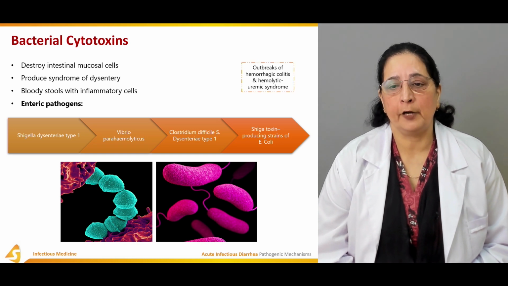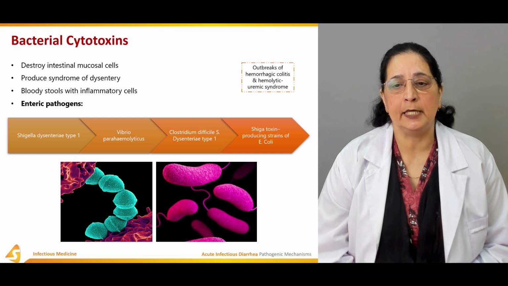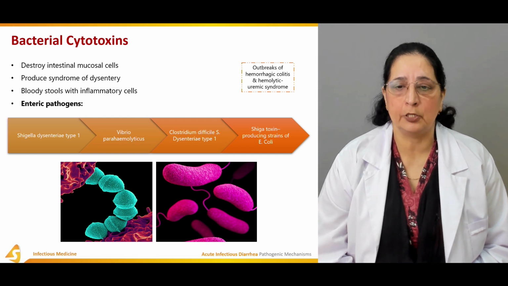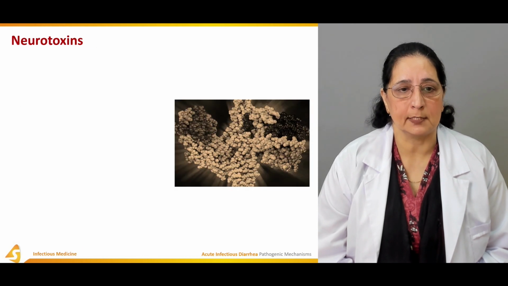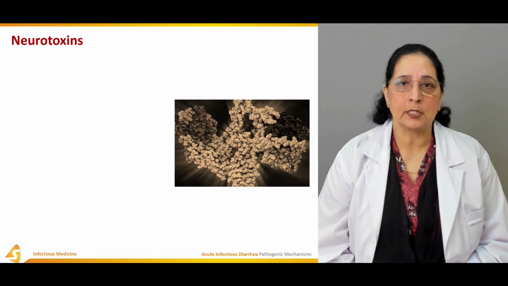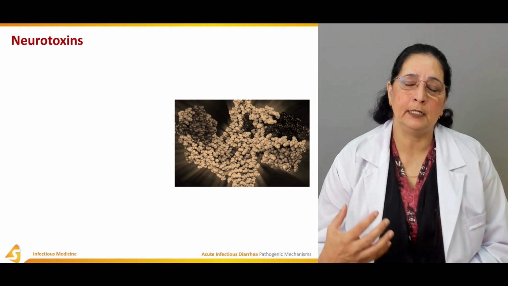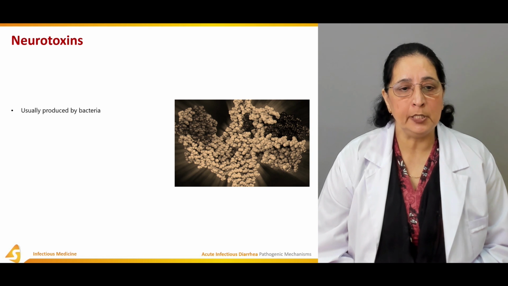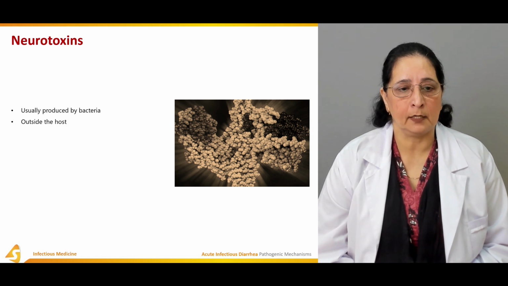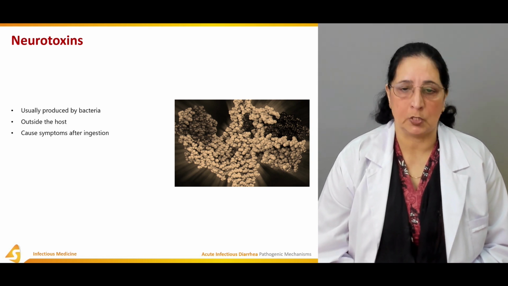Outbreaks of hemorrhagic colitis and hemolytic uremic syndrome are associated with bacterial cytotoxins. Next, the neurotoxins, we said they affect the central nervous system and peripheral nervous system, usually produced by bacteria outside the host.